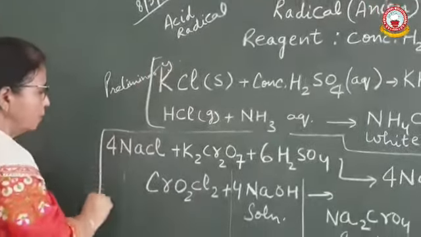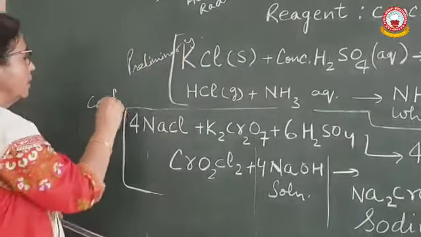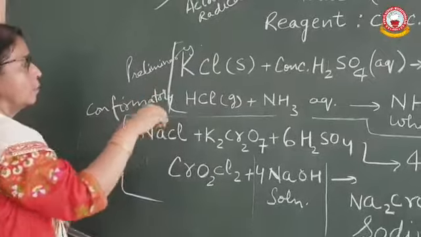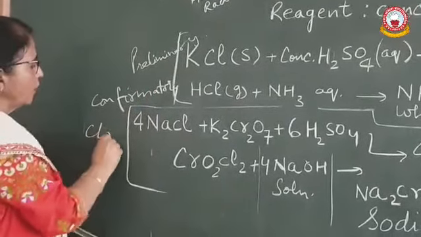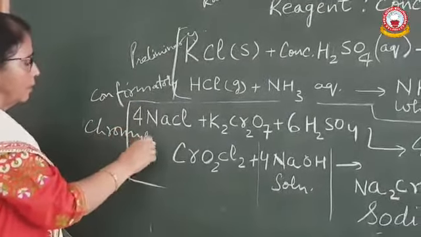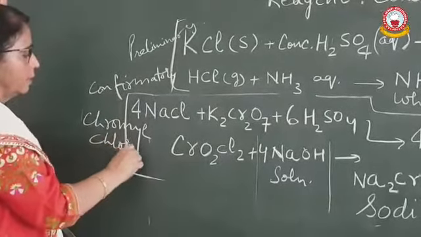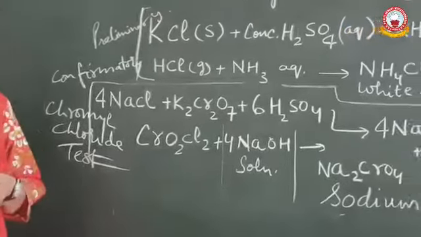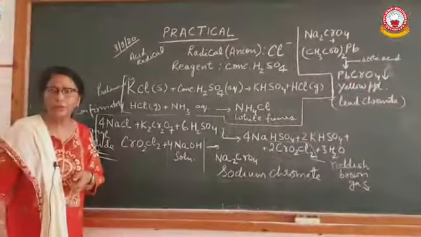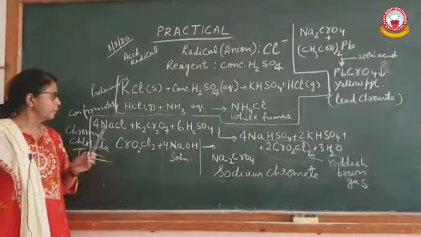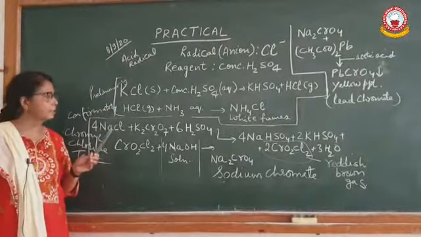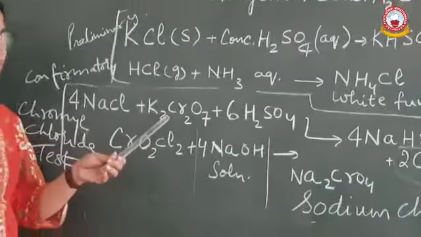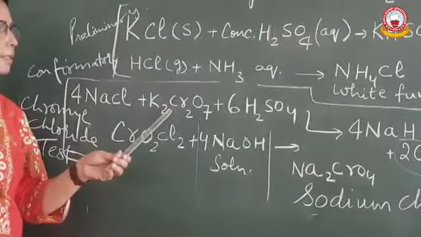After this, a confirmatory test is done to confirm the presence of chloride. This is known as chromyl chloride test. This is the confirmatory test for identification of chloride, in which this is the salt 1 part, 3 parts potassium dichromate, it is an orange colored solid.